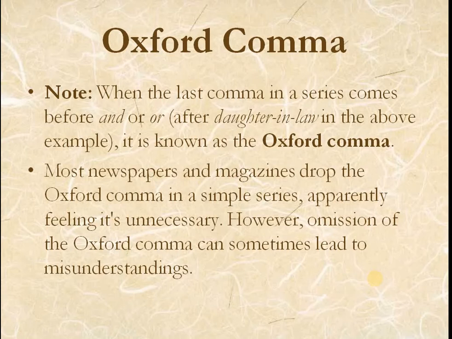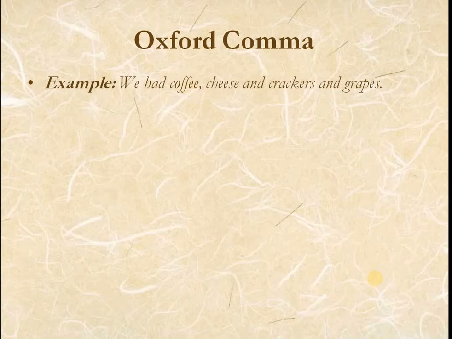Most newspapers, so this is called an Oxford comma, and a lot of times you see the Oxford comma being omitted because it was felt to be unnecessary. However, when we omit the Oxford comma, as seen in this example, we realize that there can be a few misunderstandings. So let us read: we had coffee, cheese and crackers, and grapes.